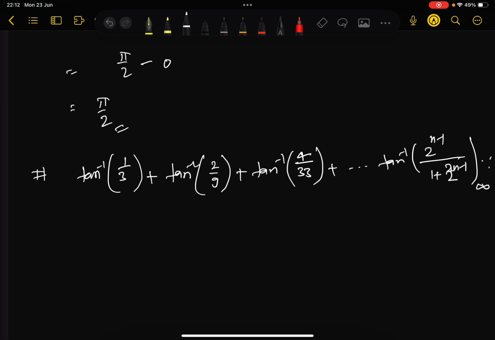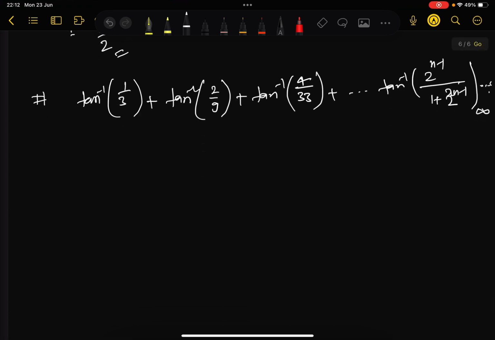We need to find sum up to infinity, right? Again this is tan inverse, and here nth term is, suppose Tn, tan inverse 2 raised to n minus 1 divided by 1 plus 2 raised to 2n minus 1. This is our nth term.